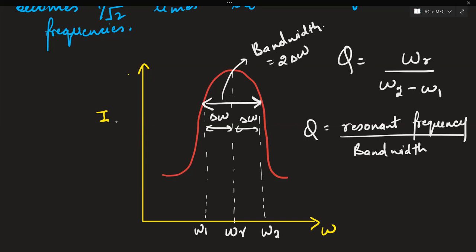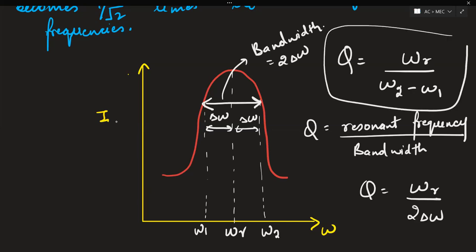Resonant frequency, and the difference between them is the bandwidth. So in terms of words, you can write, omega R means resonant frequency to the difference in these two frequencies which are taken on both sides of it. Or you can write this way also, omega R divided by 2 delta omega. Any of these is valid.